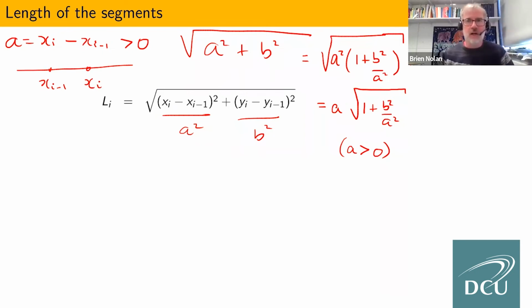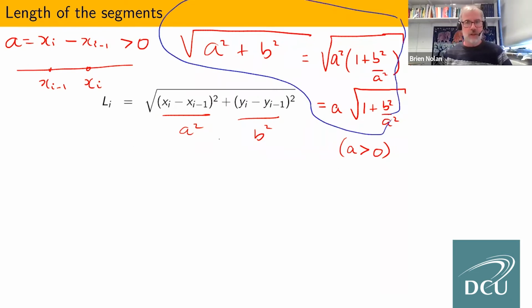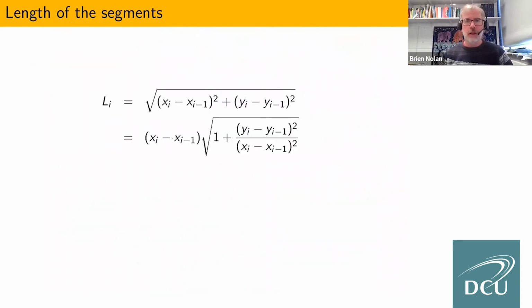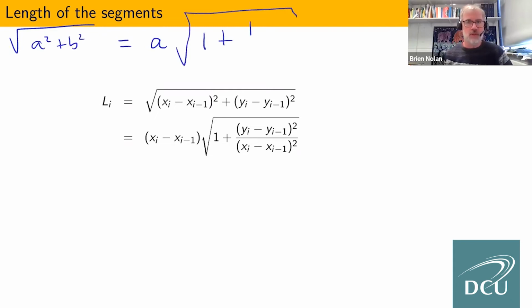And I'm going to use this little trick to rewrite that formula for the length. So there's my a, it has come outside. I'm using the end result of that little sidebar calculation, that the square root of a squared plus b squared is a times the square root of 1 plus b squared over a squared.